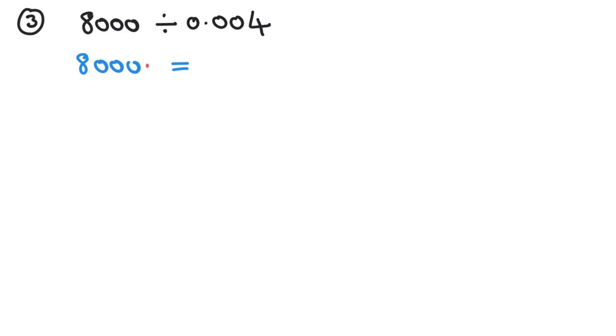The decimal point is here. Shift the decimal point 3 digits to the left. So it's going to be 8.0 or just 8 into 10 to the power what? Because I shifted to the left by 3 digits, I will add 3 to the power.